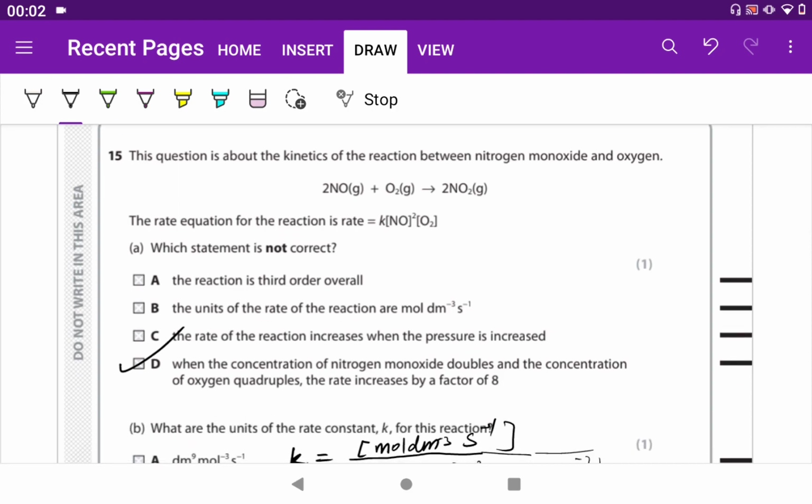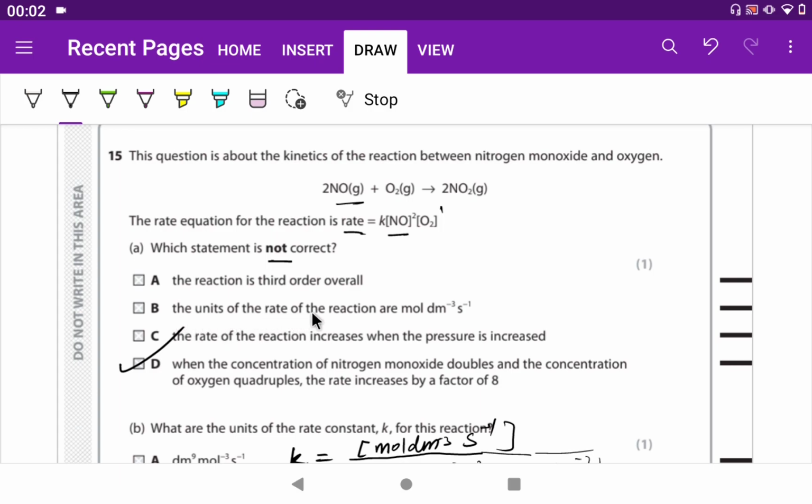Now question 15, which is about the kinetics of the reaction between nitrogen monoxide and oxygen. The rate equation for the reaction is rate equals this. Which statement is not correct? The reaction is third order overall. Yes, 2 plus 1, this is third.